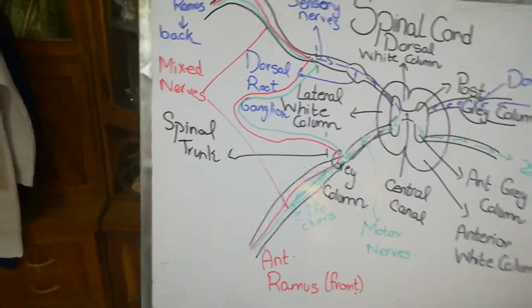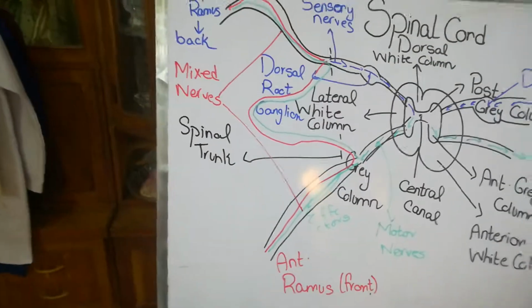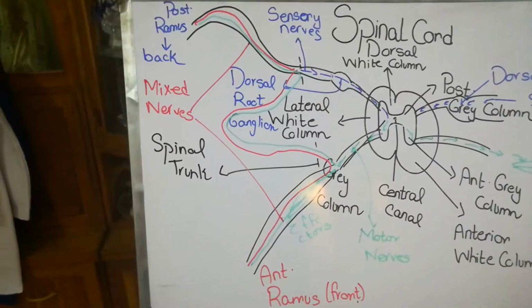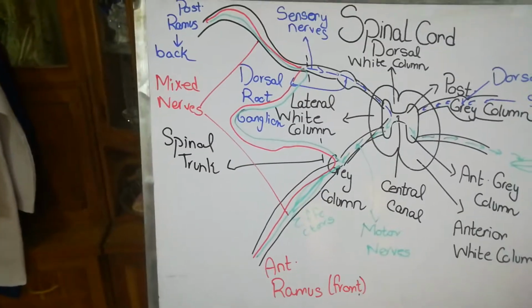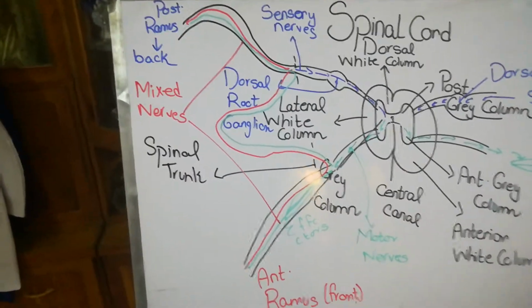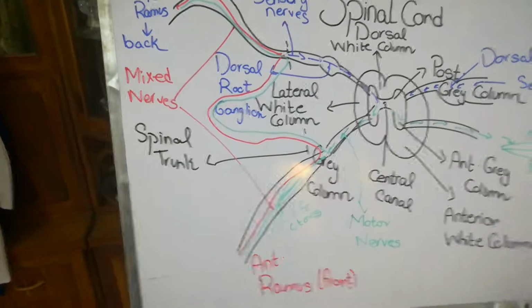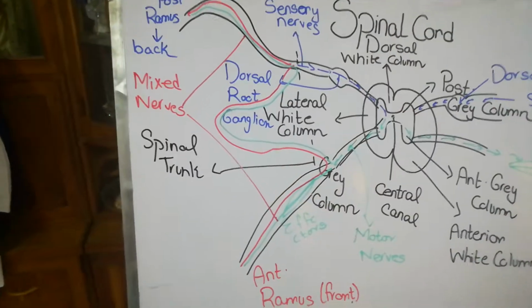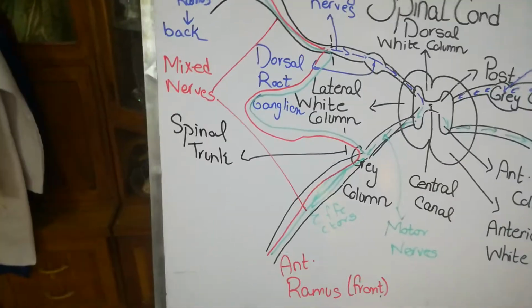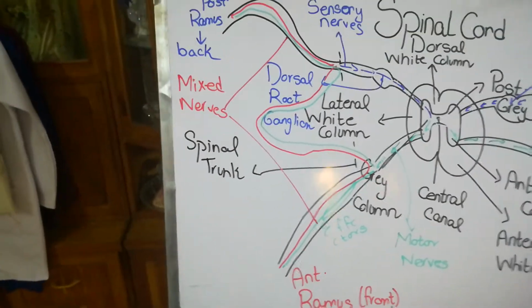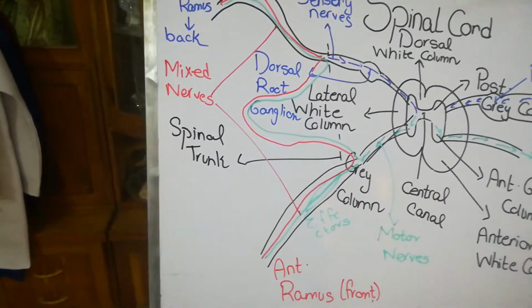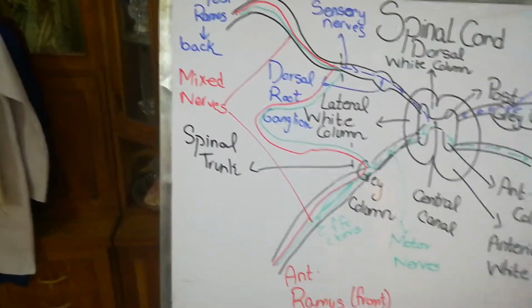So it means that at some point there is going to be a crossover, a dissociation of the sensory nerves and the motor nerves. They are going to cross over with one another, so that the posterior sensory nerves not only supply the back, but also supply the front. And the motor neurons not only supply the front, the abdomen part, but also supply the back muscles as well. That process is called dissemination or crossing over.